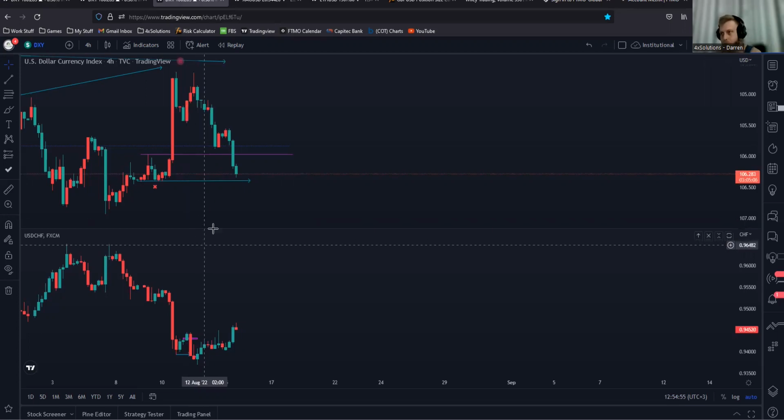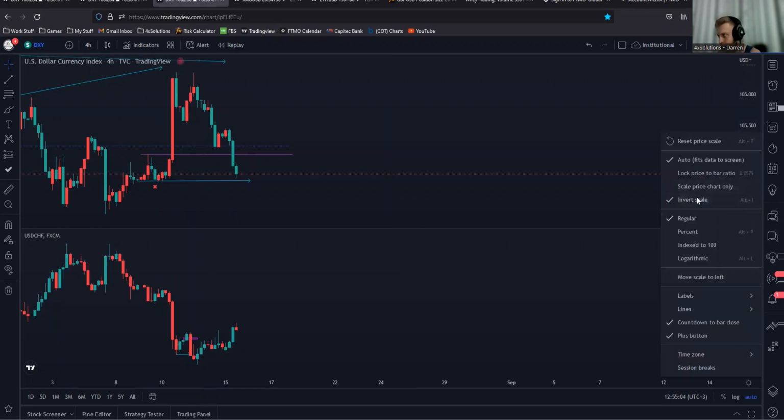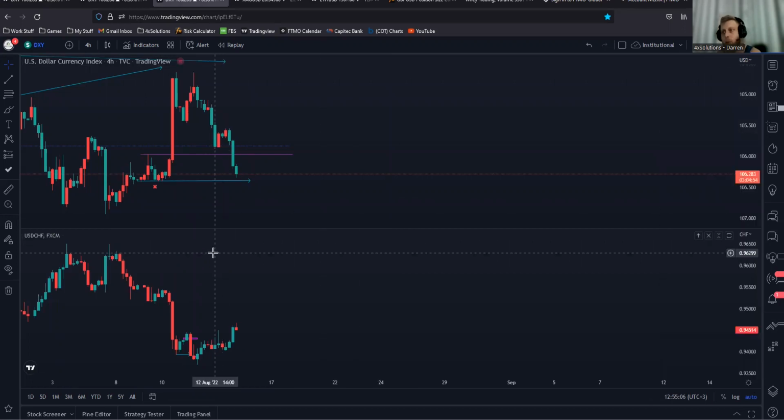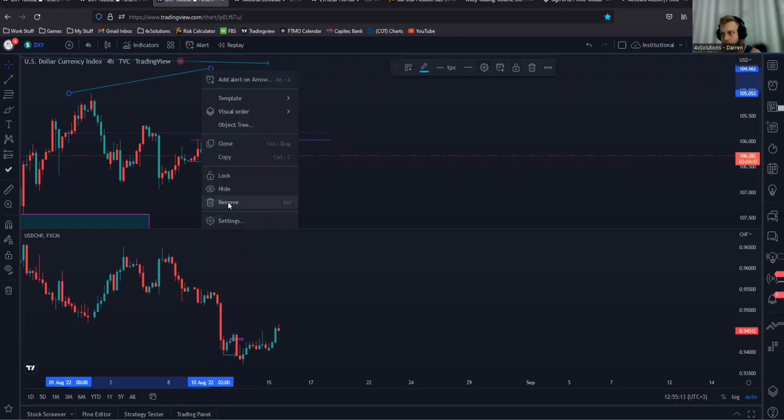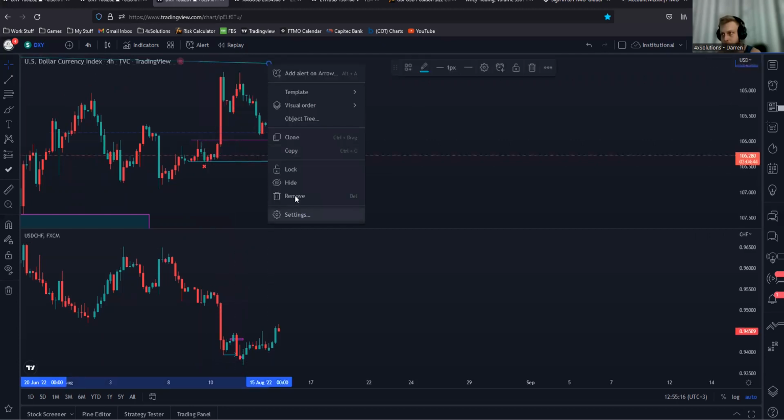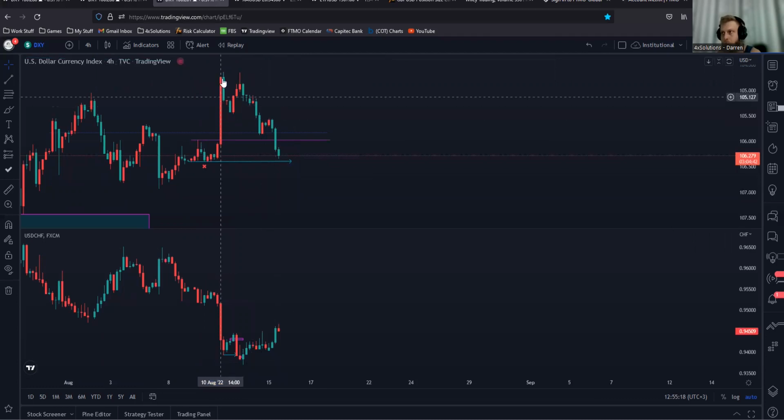Okay. So if we look at what happened over here, this is the dollar index versus the Swiss franc, and obviously this over here is inverted. When we look at last week when it made a high, so let's just delete some of this over here, what hopefully you all notice is that this is making equal highs, relative equal highs.